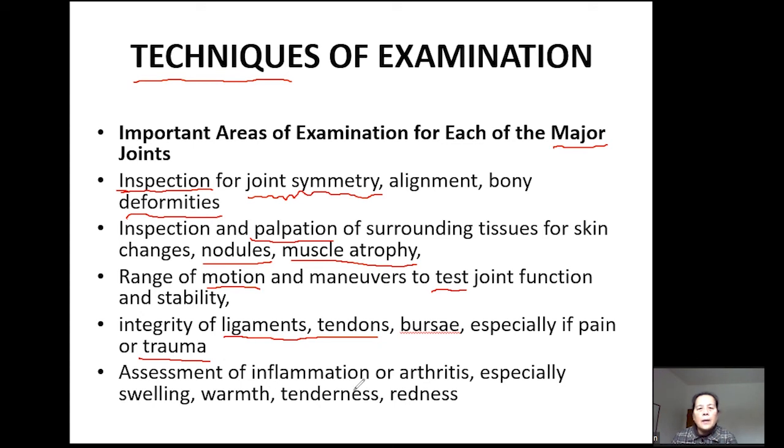Around the small joints, usually we can find joint inflammation. Like arthritis, joint inflammation, swelling, or even sometimes deformity. So that's basically how we check the joints.